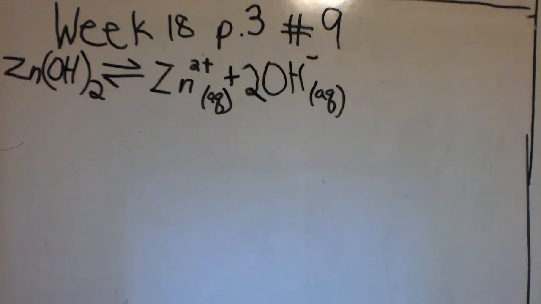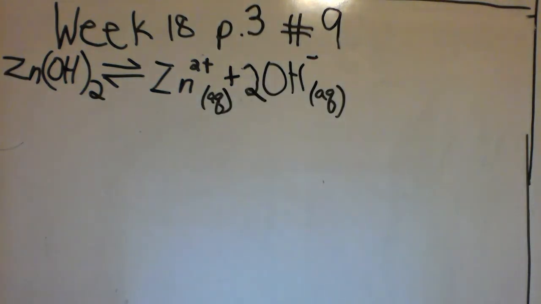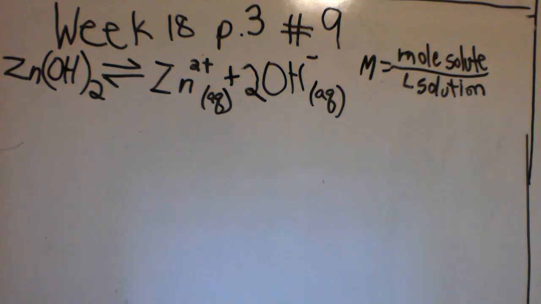The next thing we have to do is figure out what are the concentrations of each of these ions when the zinc hydroxide dissolves in solution. Therefore, we're going to use molarity. Concentration is usually given in units of molarity.